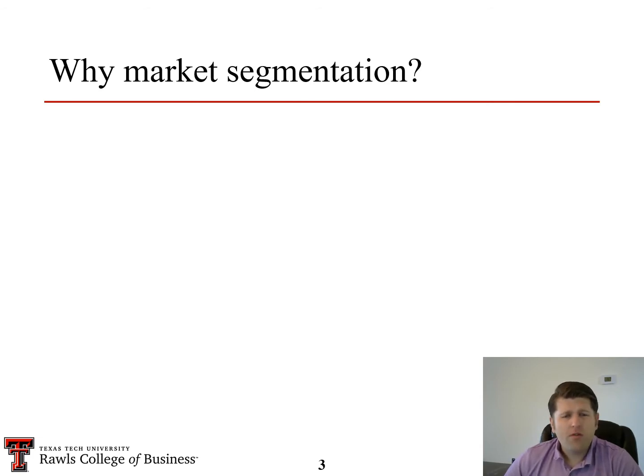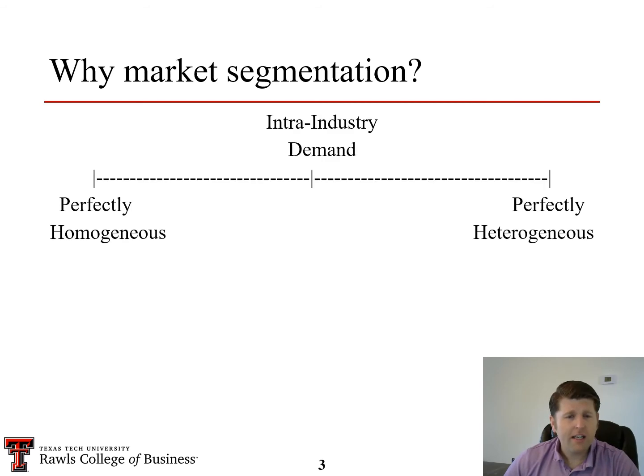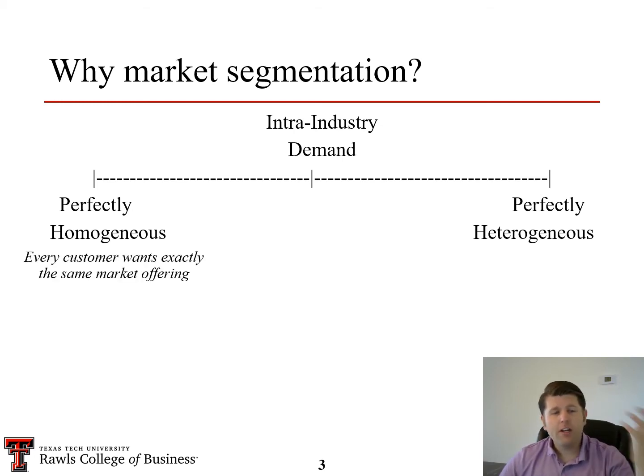Why are we focused on market segmentation? Well, really the key here is we have this idea of demand, and that's demand within an industry. So let's talk about demand within the fast food industry. We could have demand that's perfectly homogeneous, which means that every customer wants exactly the same market offering.